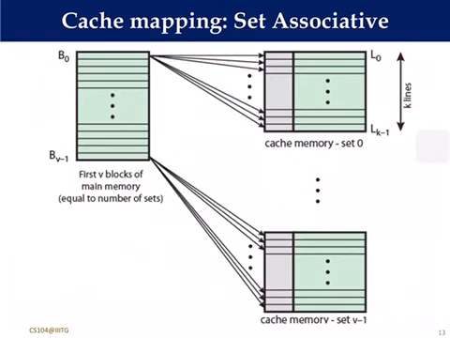Now one particular block in cache can go anywhere within a set. So this is a set, and similarly this block can go to any line within that set. This is set 0, here's some set v minus 1.